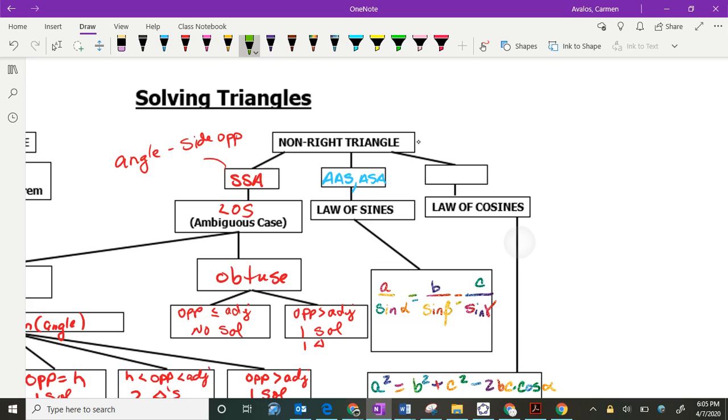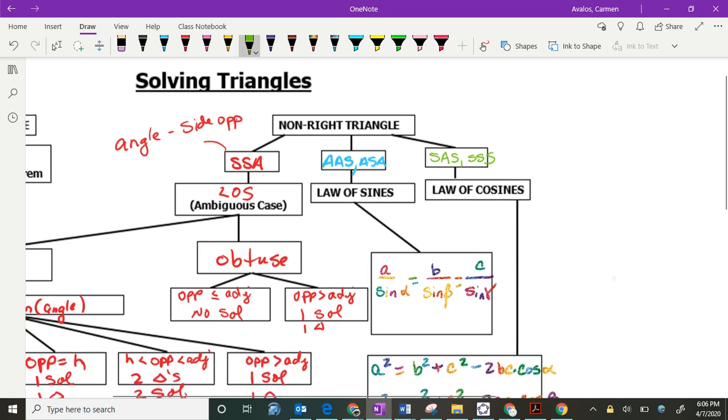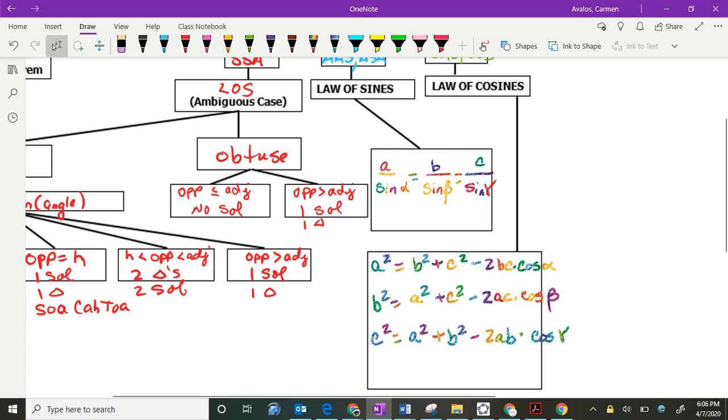That one's going to give you if you have the side, angle, side. So if you're given one side, the angle in between it, and the other side, it's going to be the law of cosines. And if we do the side, angle, that's going to be the other part. And then if you look at that, this is the law of sines, and this is the law of cosines.